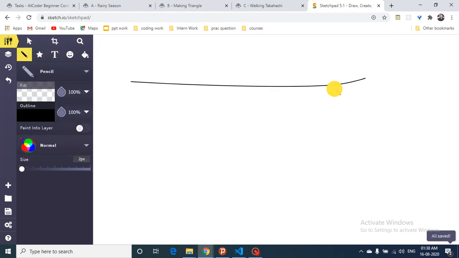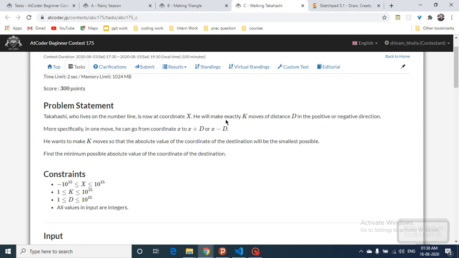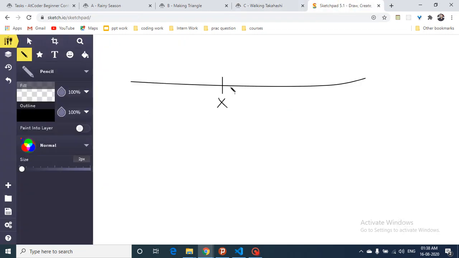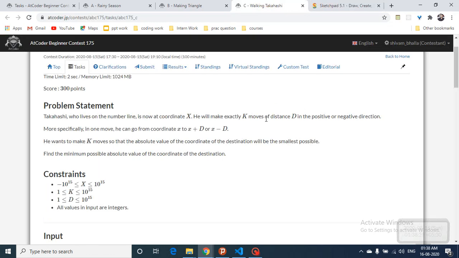Let's assume that this is a number line and this is x. He can make exactly k moves of distance d. So he can move like this or this, but in total he has to do k moves, and in all the k moves you can jump a distance of d.